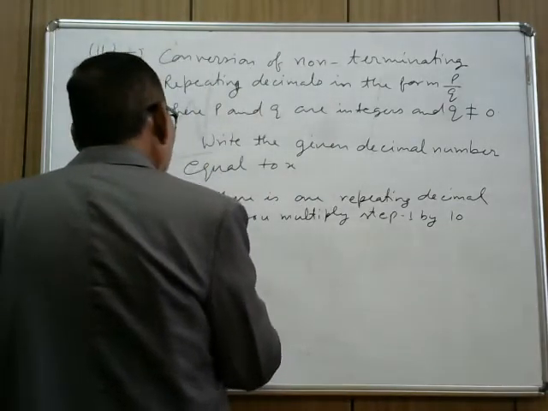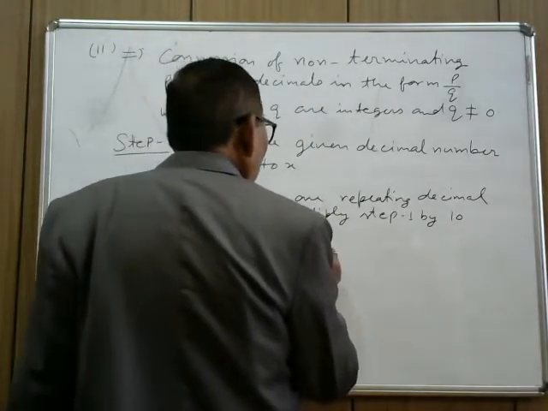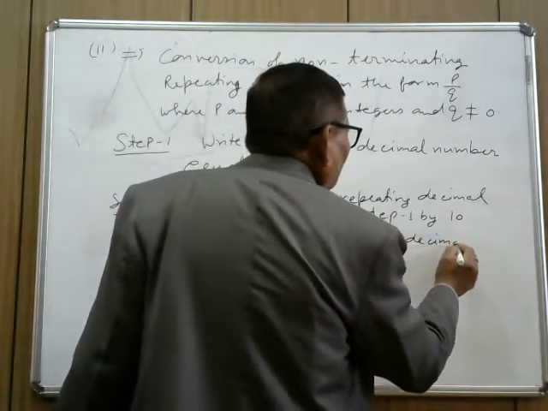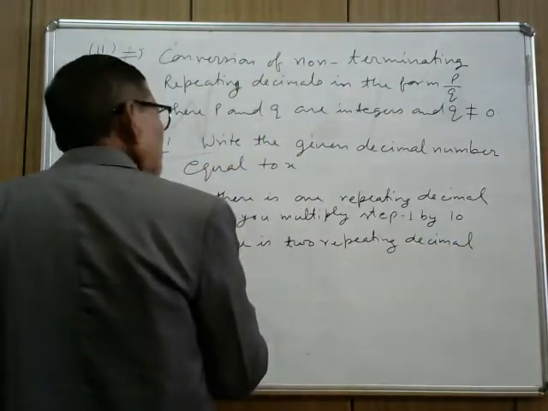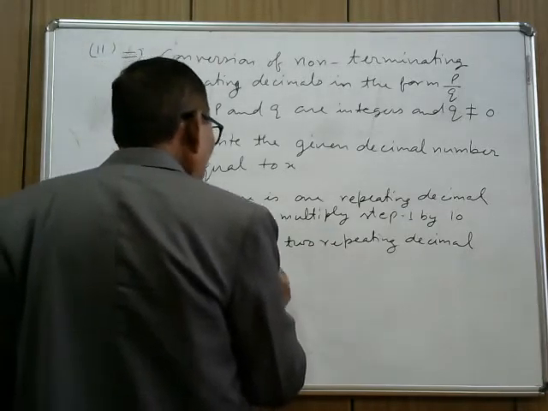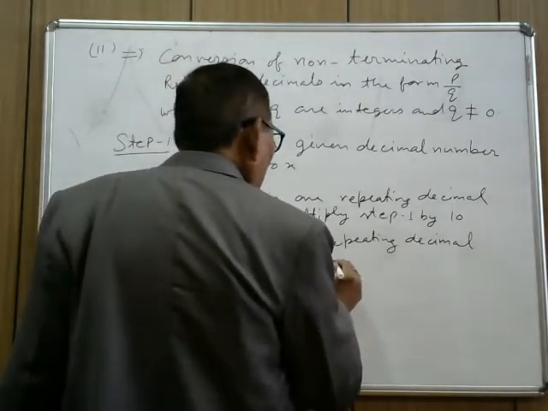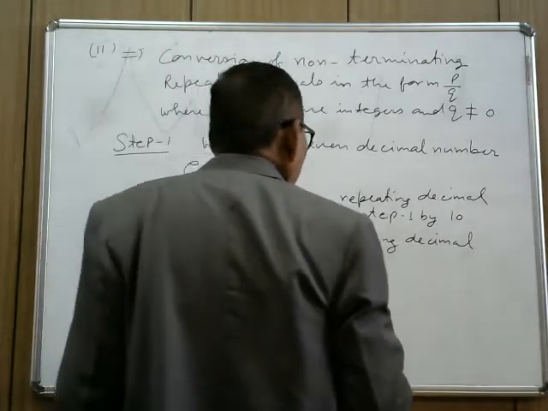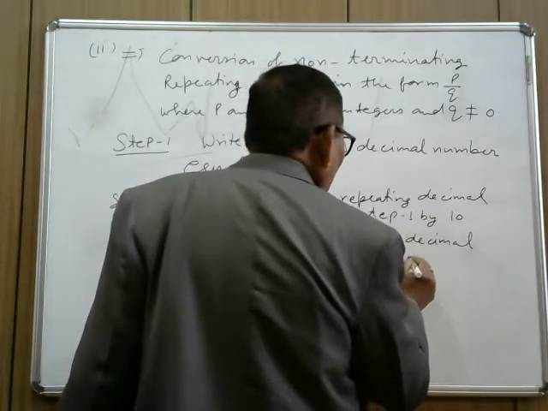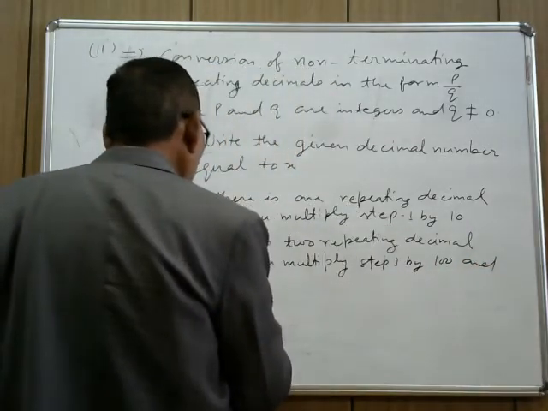If there are 2 repeating decimal digits, you multiply step 1 by 100 and so on.